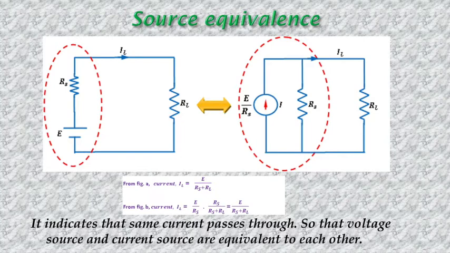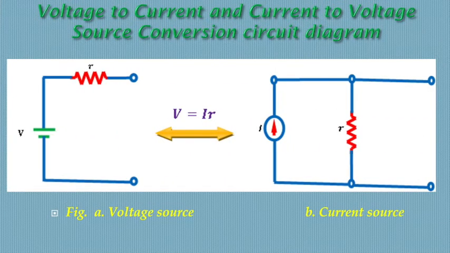It indicates that the same current passes through RL, so the voltage source and current source are equivalent to each other. Voltage to current and current to voltage source conversion circuit diagram: to convert a voltage source to a current source, the internal resistance R is assumed to be connected in parallel, and to convert a current source to a voltage source, the internal resistance R is assumed to be connected in series.